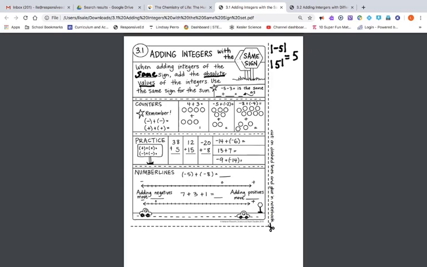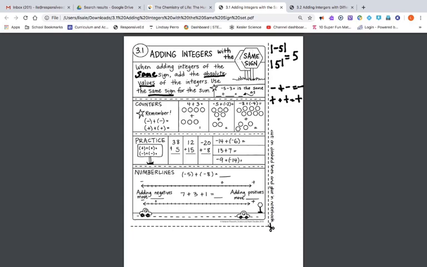So when you're adding integers, you add the absolute values of those numbers, and then you keep the same sign. If I'm doing a negative plus a negative, it's going to be a negative. If I'm doing a positive plus a positive, it's going to be a positive. So just same sign, add and keep the sign. That's all you have to do.